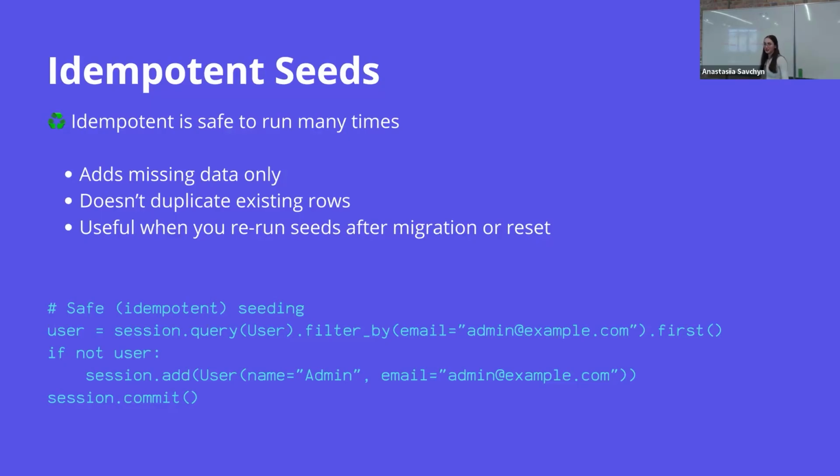So if the admin already exists in your database, the operation should be skipped and no changes will be applied. Here we have a check: if we have some user, we will not create it again. So idempotent means it prevents rows from duplicating, and it is useful when you rerun your seeds for some reason, or if you have multiple environments, where you can't be sure how users use your scripts to run seeding. So that is really important.